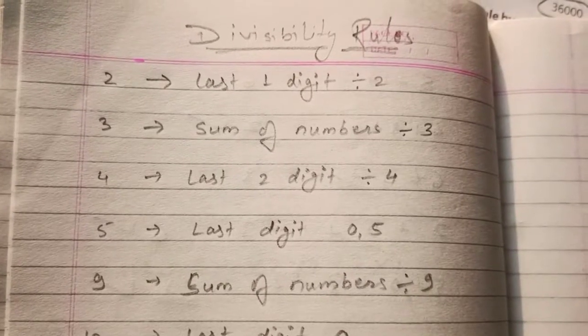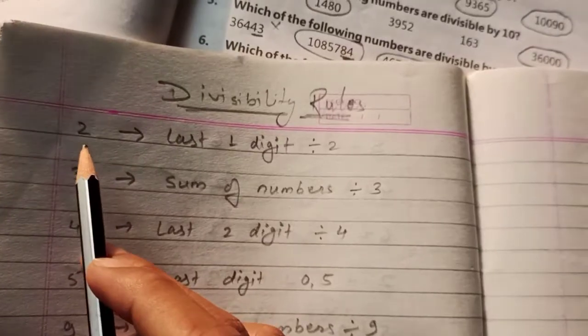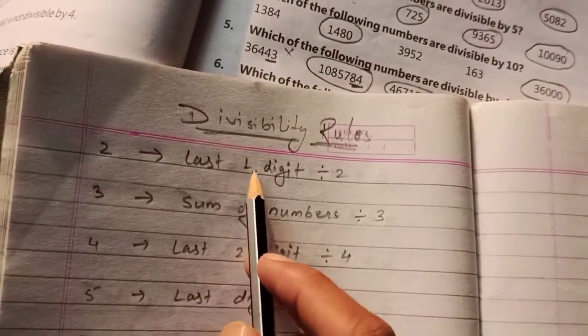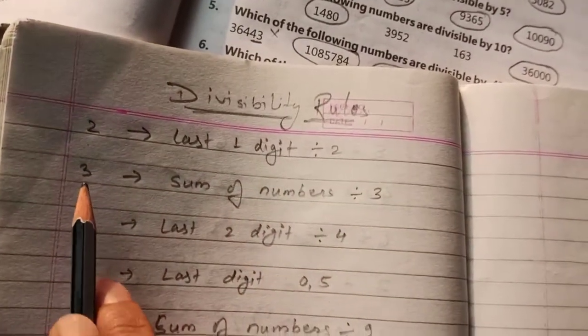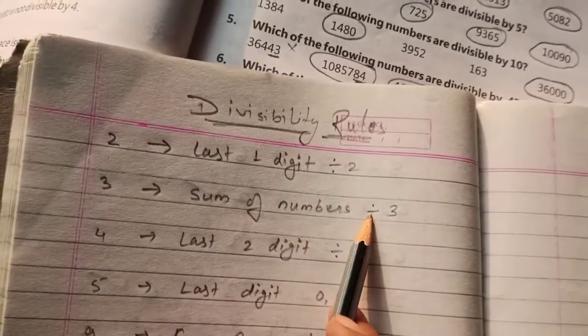Here is one quick recap of divisibility rules. The number which can be divided by 2 has its last digit divisible by 2. The number which is divided by 3 has the sum of its digits divisible by 3.